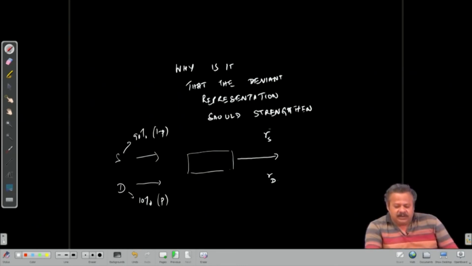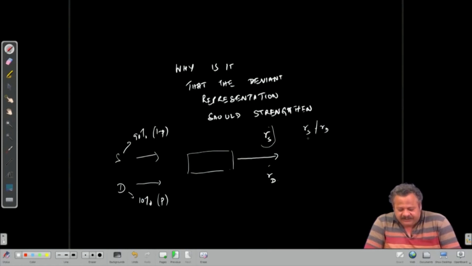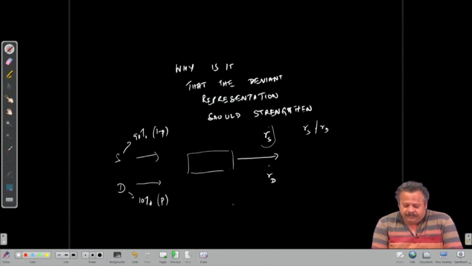So, starting with very similar values of Rs and Rd before the plasticity takes place, the idea was to optimize mutual information and firing rate.